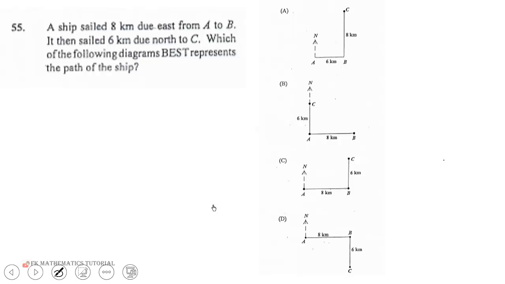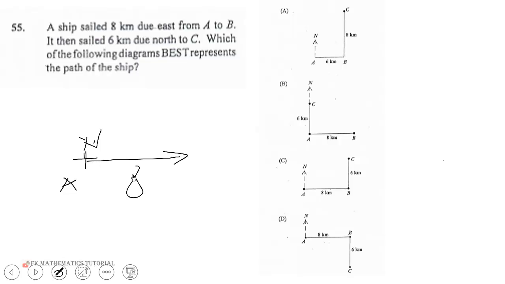Item 55. A ship sailed 8 kilometers due east from A to B. So we have a point A here. We have the north here, and the ship sailed 8 kilometers from A to B due east.